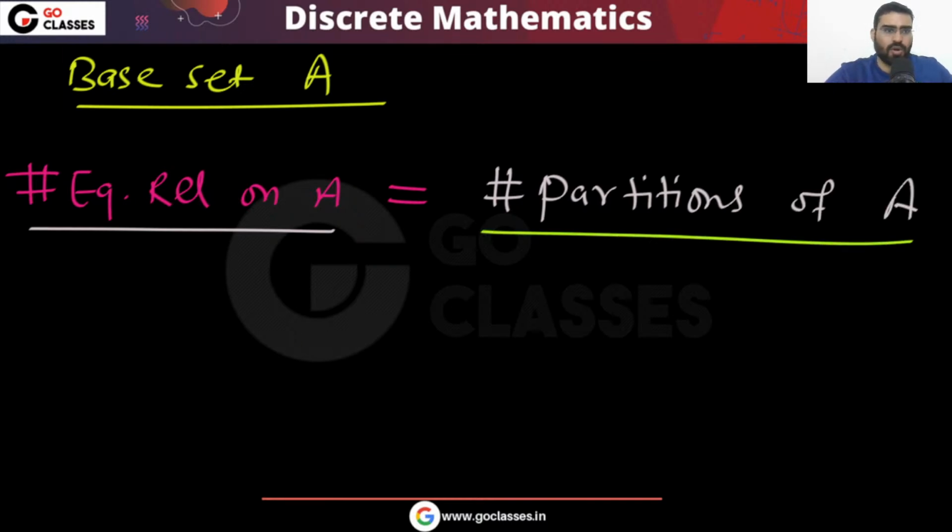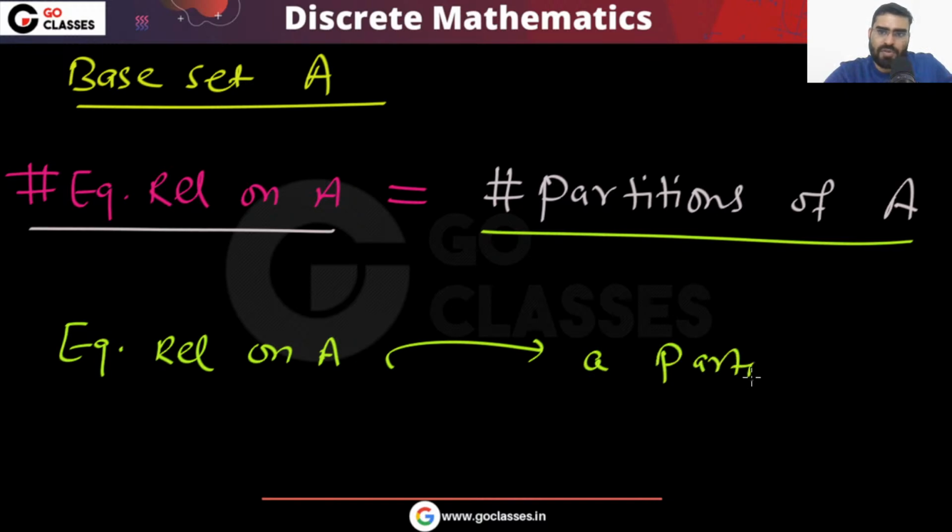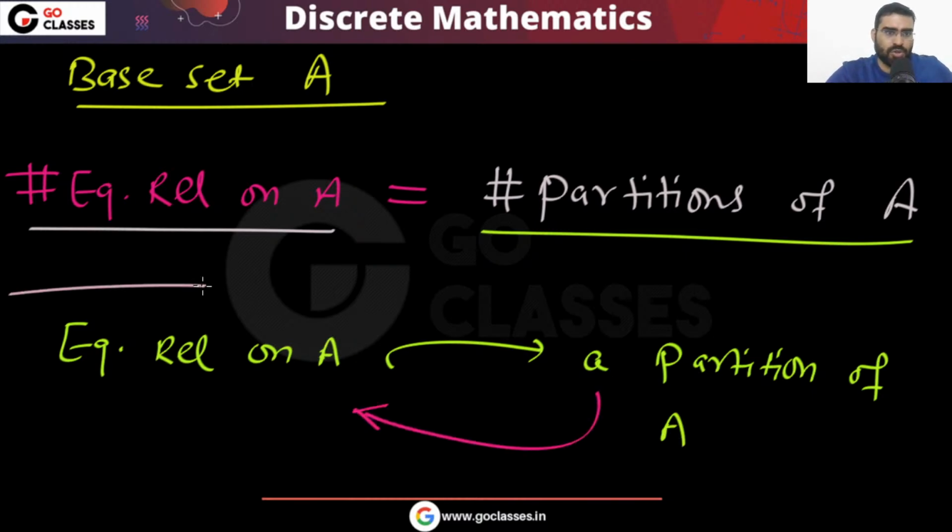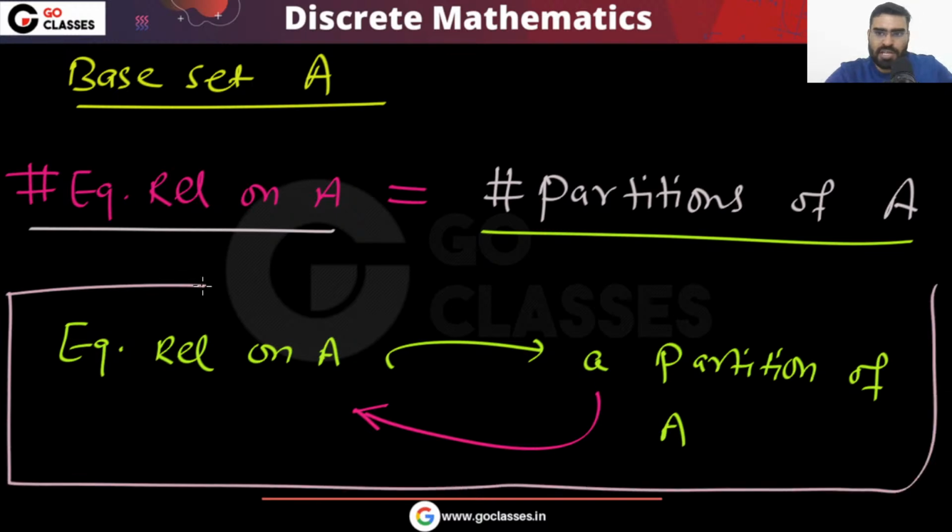The number of equivalence relations will be the same as the number of partitions of A, because remember, every equivalence relation on A will give you a partition of A, and every partition of A corresponds to an equivalence relation on A. So this is something like if and only if.